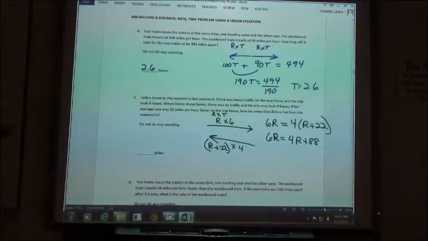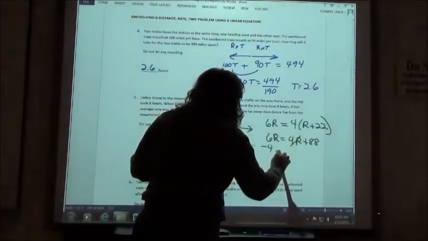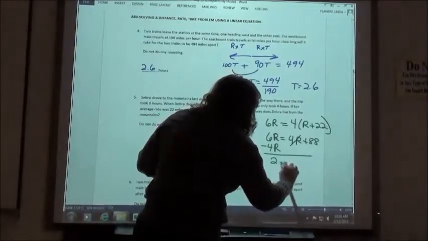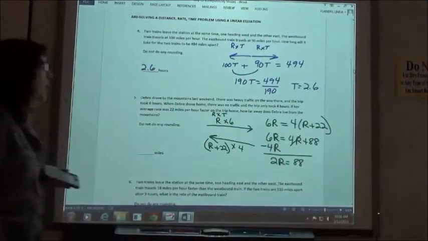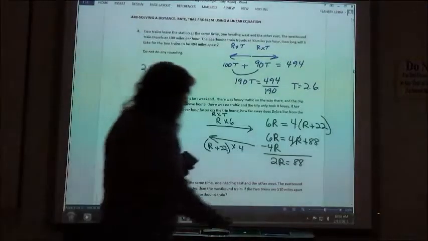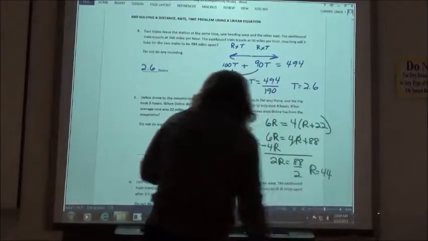Solving that for R, I need to move my R to the other side. I'm going to minus that 4R. So 2R is going to equal 88. Then, of course, I'm going to divide by 2. R equals 44.